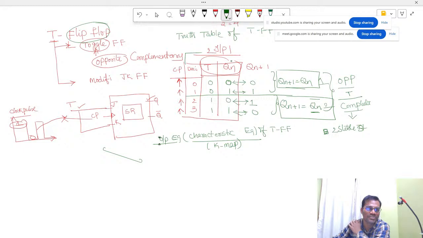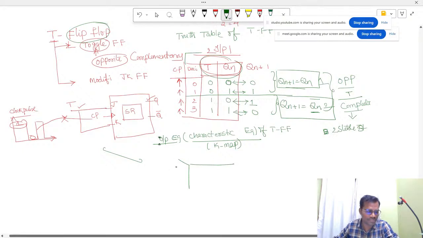So how many inputs are there? Two inputs are there. So now we will take the inputs like this. I will take the K map. The first input I am taking is T. Another input I am taking is Qn. In Qn, how many possibilities are possible?